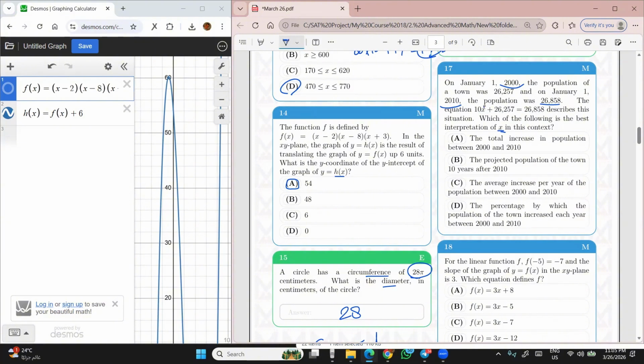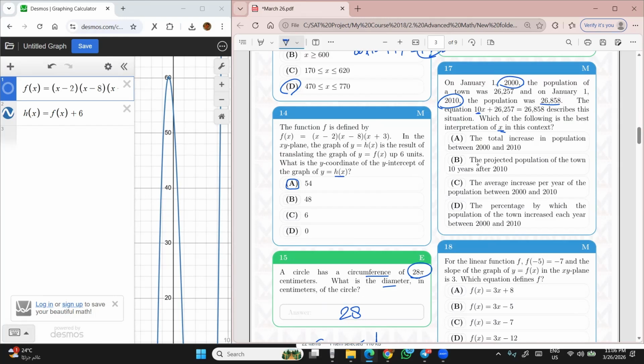So x here is the coefficient of the 10. And 10 here is the 10 years that passed between 2000 and 2010. And this x must contain the phrase per year, or each year, or every year. So the total increase in the population between, no, it's not total. It's the increase in every year, because it's related to a number.